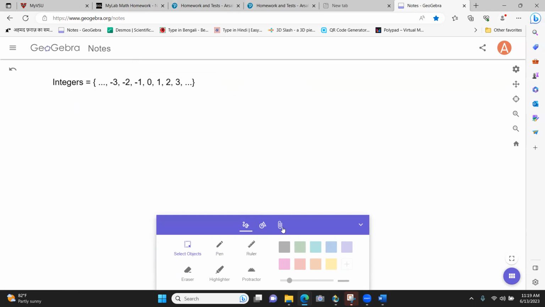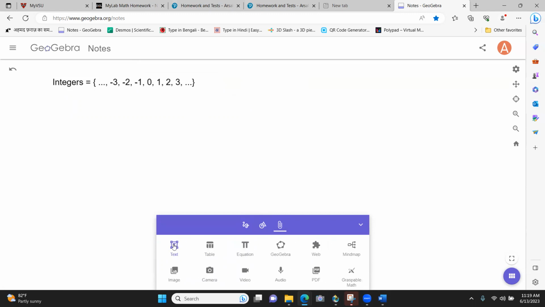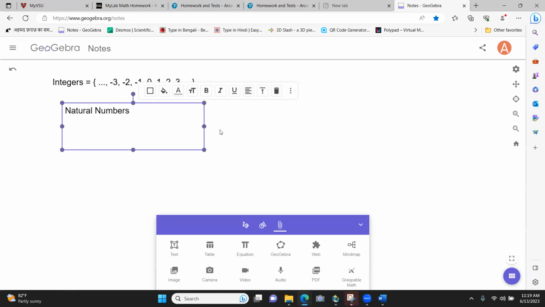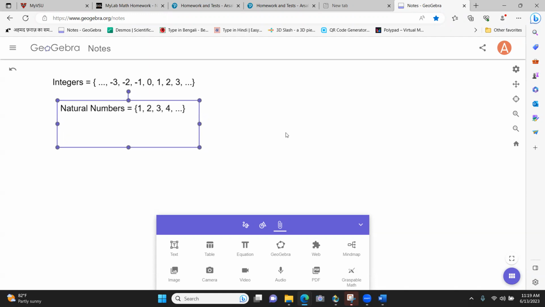What are natural numbers? Let's write them down. Natural numbers are these. I'm going to put them in a set. 1, 2, 3, 4, dot, dot, dot. So these are basically positive integers, right? Positive integers are natural numbers.